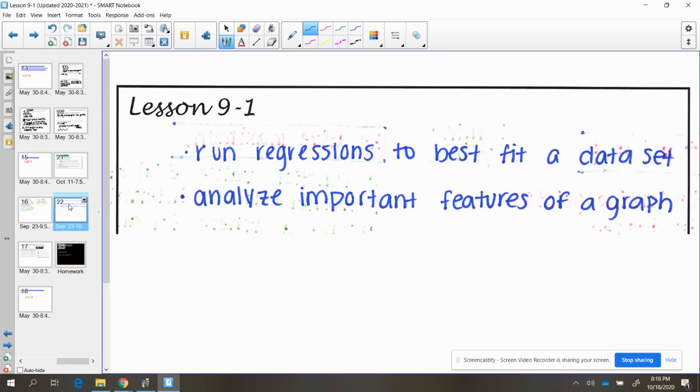Okay, so to summarize some things, make sure that you know how to type in the data and run regressions. Big thing here is to look for your turning points, because that's going to help you determine: if there's one turning point, you probably are going to want to use a quadratic versus 2 turning points where that was a cubic, 3 would be quartic and quintic and so on and so forth.